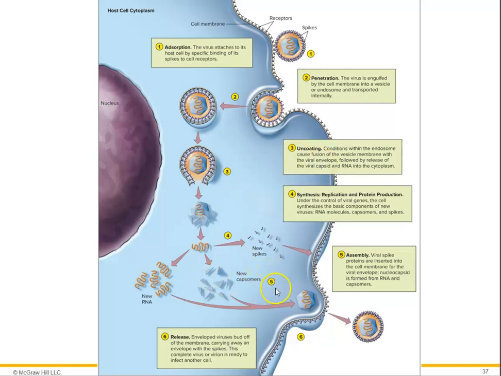Then assembly. All of these components are going to be assembled together to create new viruses. And then finally, release. So you can see here we have a capsid and the nucleic acid core, but there's no envelope yet. The virus obtains its envelope when it buds off or is exocytosed from the cell.